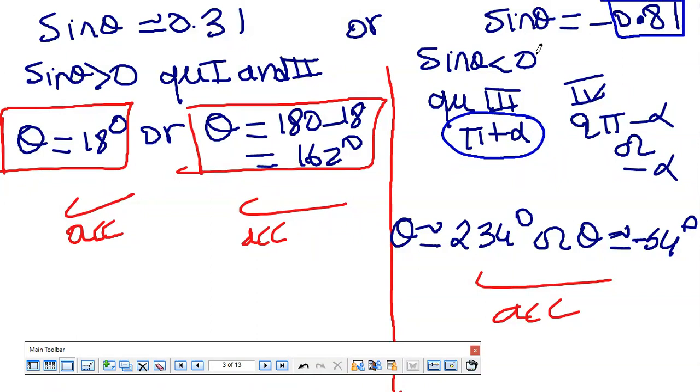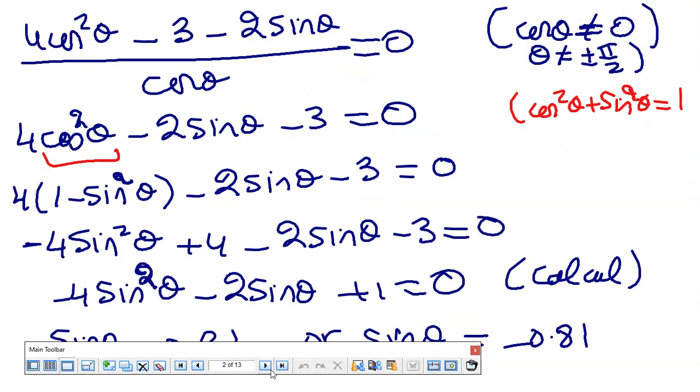So I do shift sine 0.81, and it will give me alpha in quadrant 1. Then I will do pi plus alpha to find the angle in quadrant 3, and 2 pi minus alpha, or even minus alpha, to find it in quadrant 4. And also the two answers are accepted because they are not among the angles in the condition.